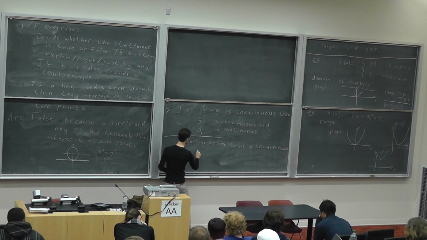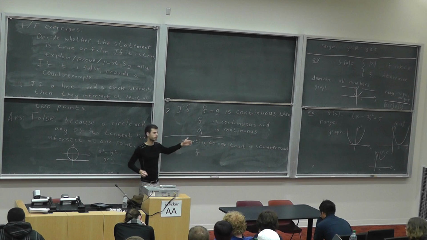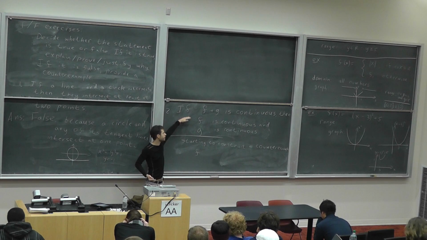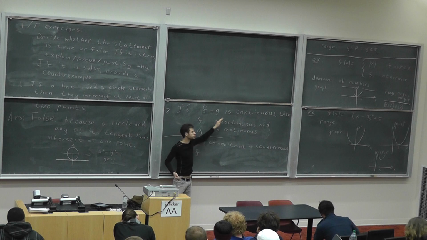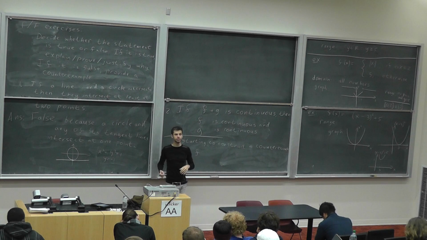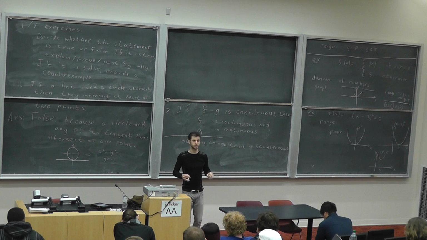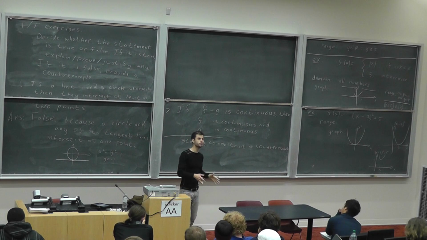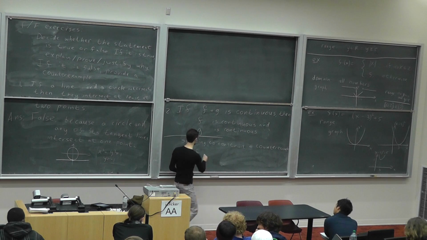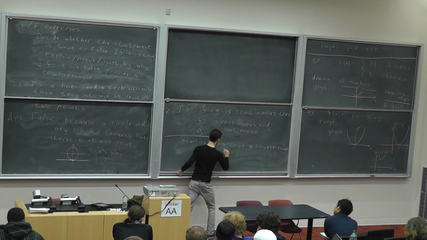So the suggestion was, I want a counterexample to this question, which means I should find f and g such that f plus g is continuous, but at least one of f and g is not continuous. So let's start with an example of a function which is not continuous. Something like this.